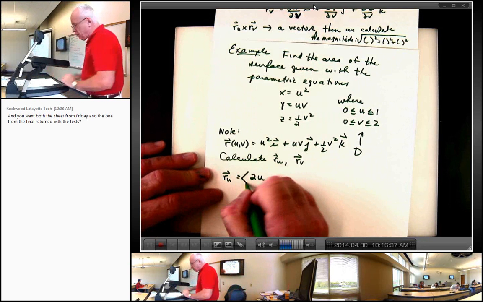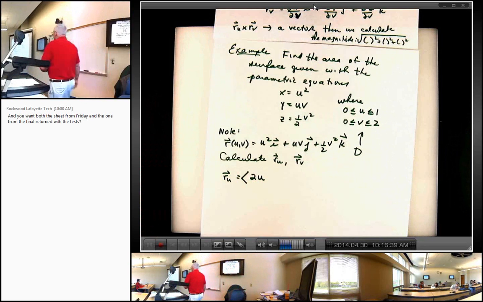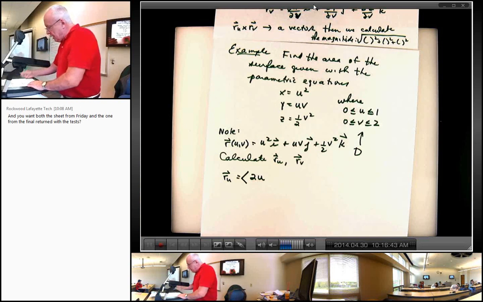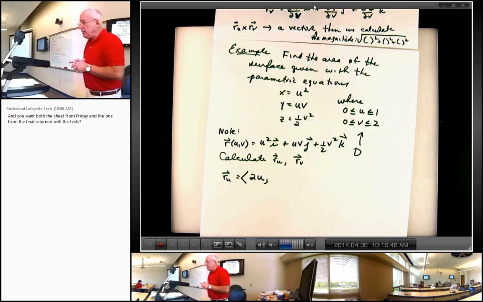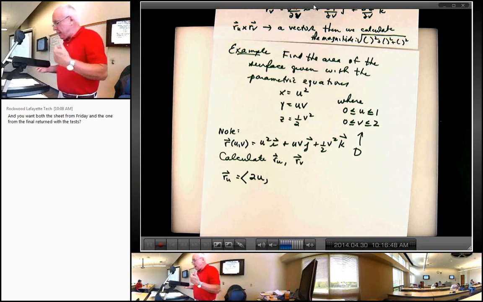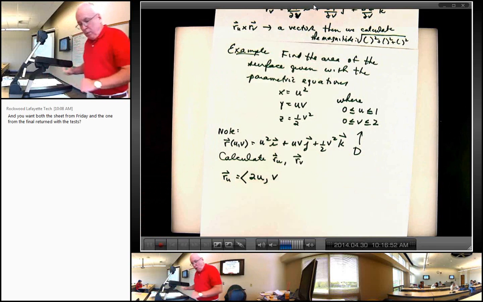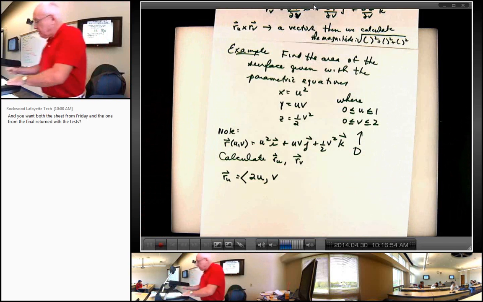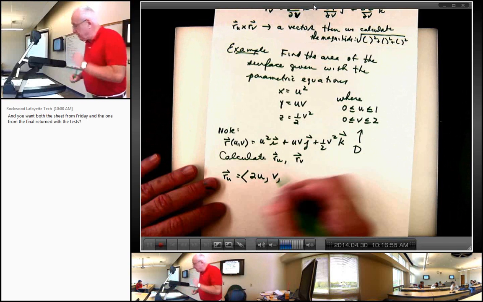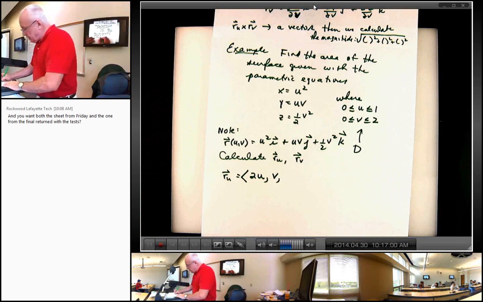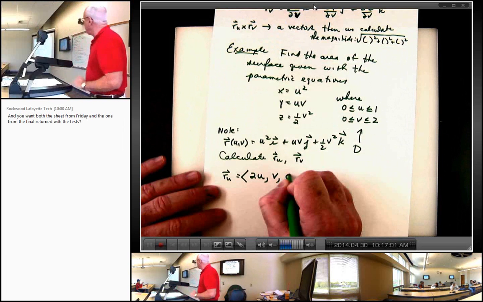Now I'm going to write it in the bracket format. So that's our first component, 2u. Second component, we have u times v, but v is a constant, so when we do the derivative with respect to u, all we have left is the v. And the third component is 1/2 v squared. Well, v is a constant, so that derivative is going to be 0.